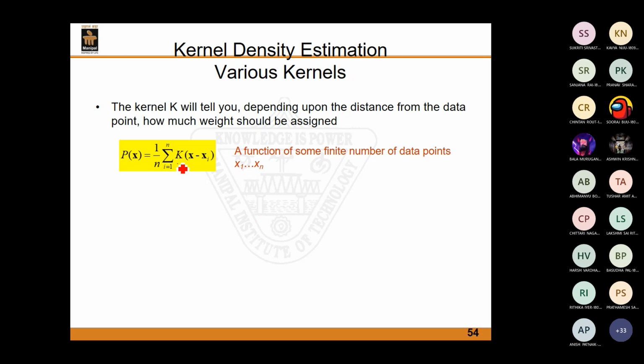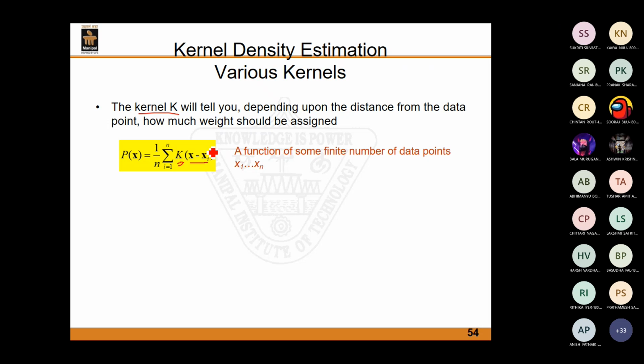K represents the kernel, and it could be any type of kernel. So we are taking the average of a kernel, which is a function of the distance between the current point and all the neighboring points, which are xi.